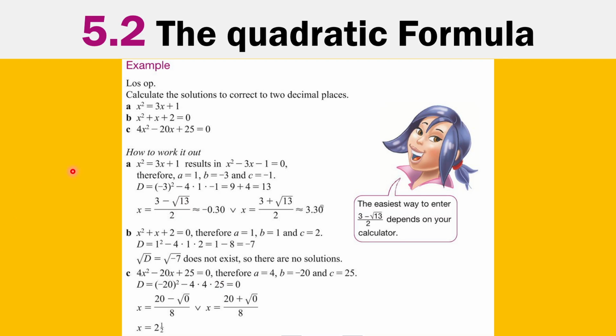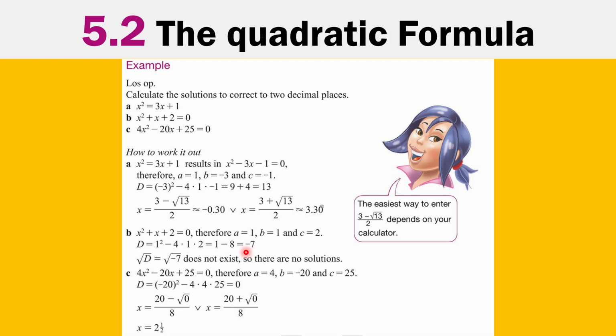The second one, x squared plus x plus 2, gives me a is 1, b is 1, and c is 2. If I want to calculate d, I get d equals b squared, 1 squared, minus 4 times a times c, 4 times 1 times 2, gives me 1 minus 8 is minus 7.